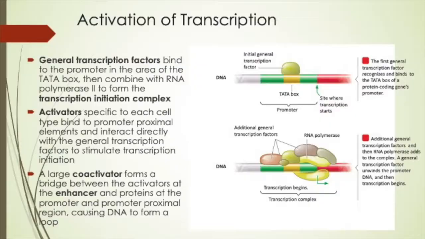This is kind of like what we saw in prokaryotes, but it's a little bit more complicated than that. So these regulatory proteins can stimulate or inhibit transcription initiation rate. So activation of transcription, general transcription factors, these are going to bind to the promoter region, right?